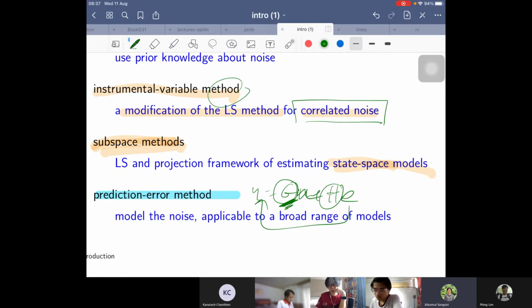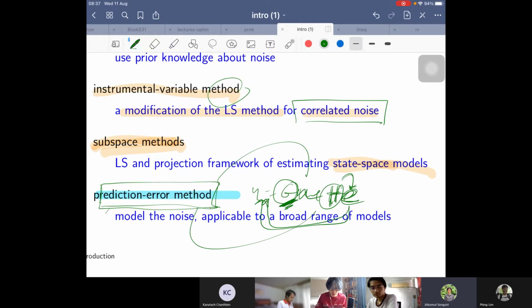That means that when you propose this model structure, you have the assumption in mind that the noise from the past also affects my output. When you have a transfer function H applied on e, model estimation is not trivial. That's why this estimation method has a big advantage in that aspect, because it can be applied to this class.